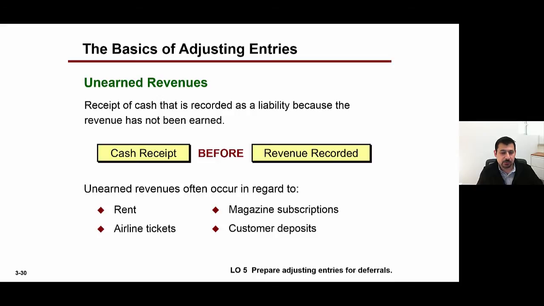In fact, unearned revenue for company A can be a prepaid expense for another company. So unearned revenue for the supplier is actually prepaid expense for the customer company.